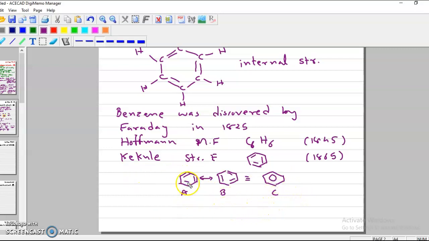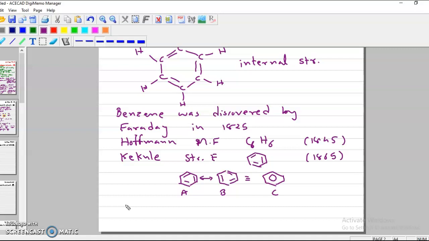This was given by Kekulé, and if you know history, he gave this formula because he got a dream of a snake that kept its tail in its mouth, called the Ouroboros. When the snake was circulating in front of his mind, Kekulé suddenly got up, remembered this dream and wrote it down.